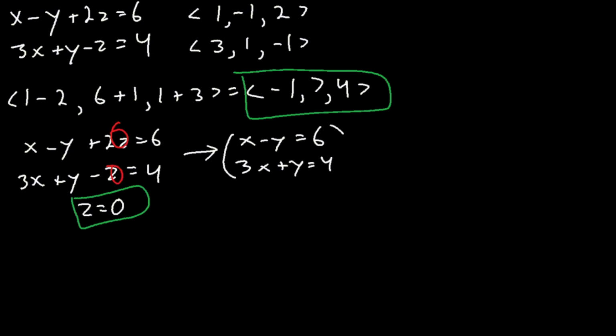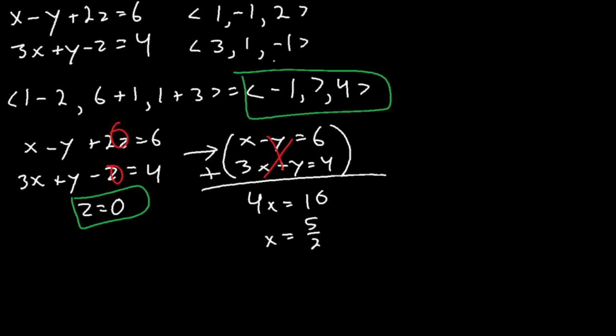And all we have to do here is just add these 2 equations. Y gets crossed out, and then we get 4x is equal to 10. So x is equal to 5 over 2. And for this, let's plug in 5 over 2 to this.